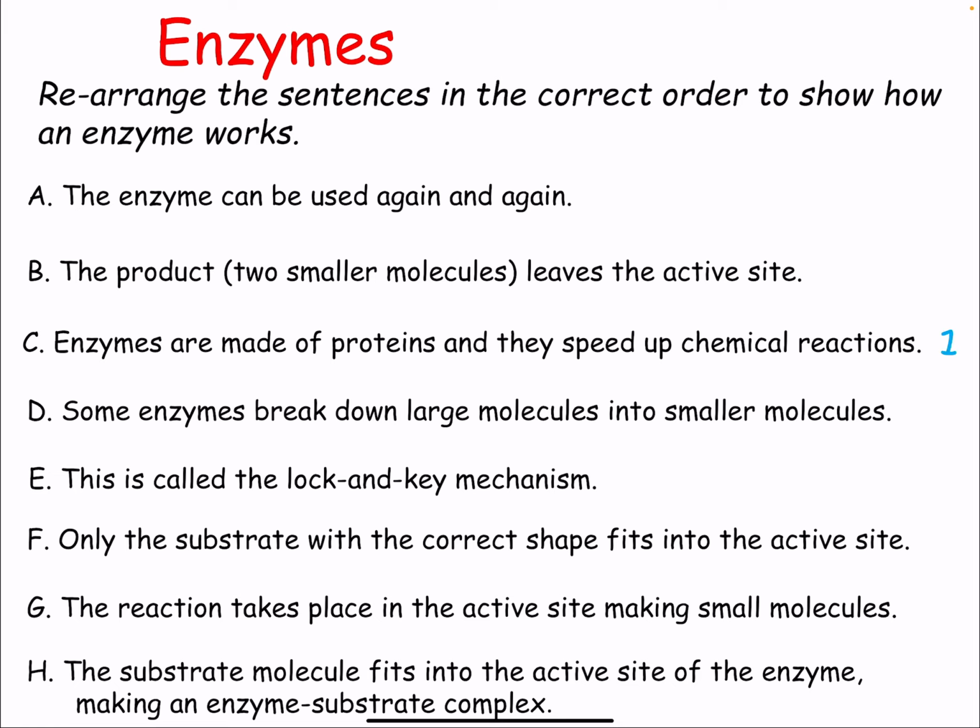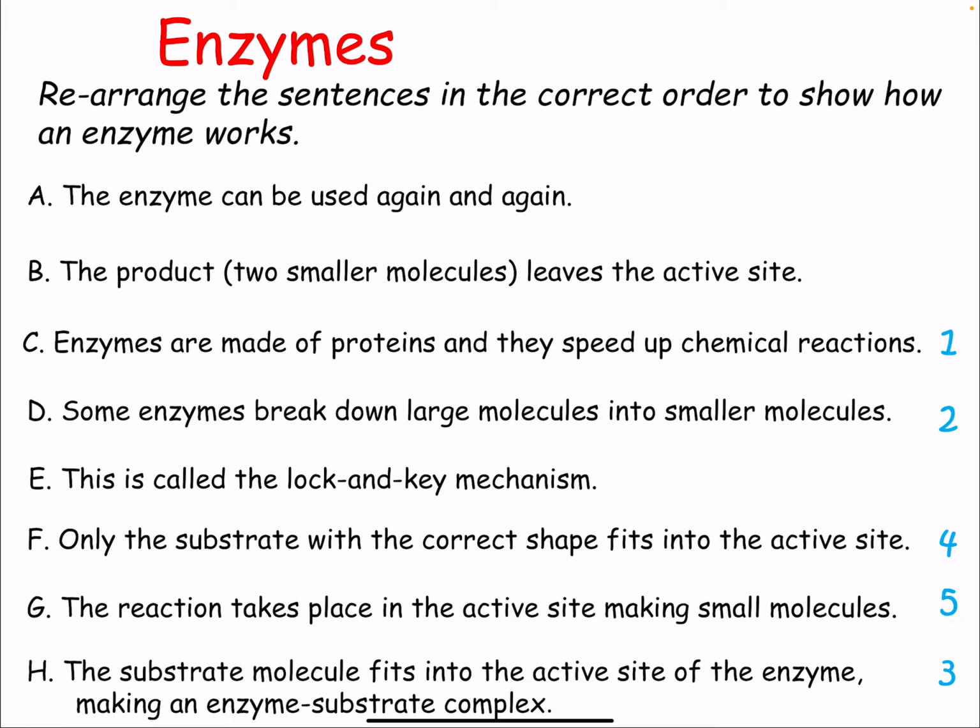That was number one. Enzymes are made up of proteins and they speed up chemical reactions. Number two, some enzymes break down large molecules into smaller molecules. The substrate molecule fits into the active site of the enzyme, making an enzyme substrate complex. Only the substrate with the correct shape fits the active site.